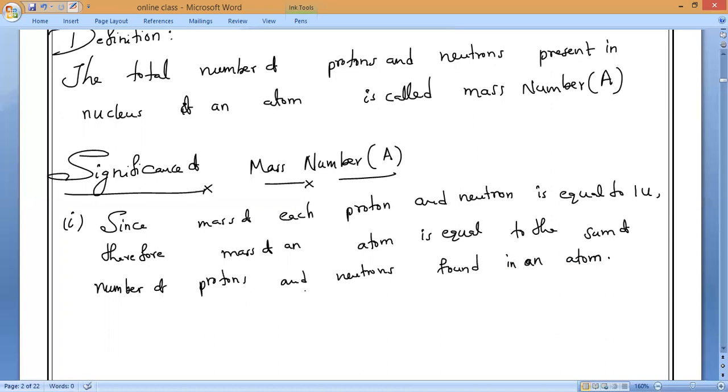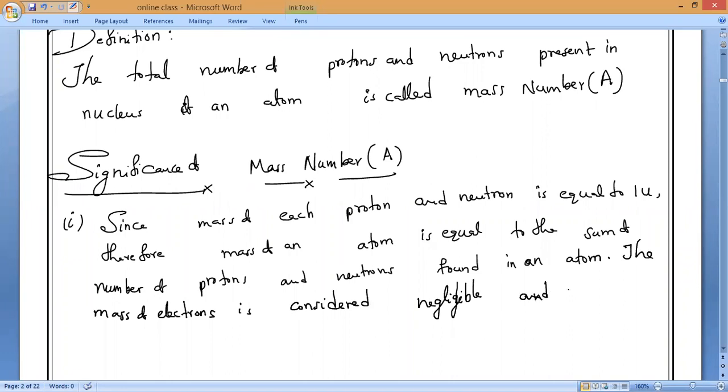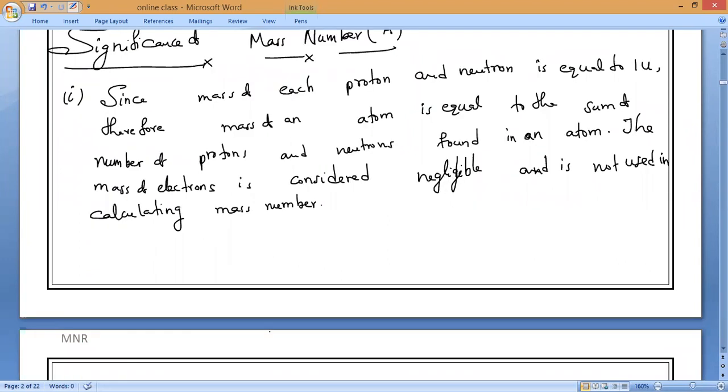Okay, that is what you have to remember. The mass of electron is considered negligible and is not used in calculating mass number. Clear? That is next.